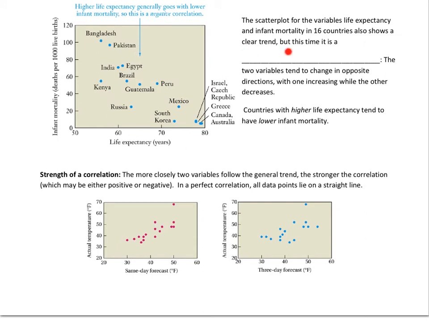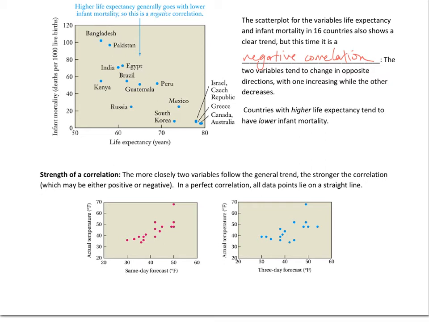It shows a clear trend, but this time it is what we would say a negative correlation. The two variables tend to change in opposite directions. When one increases, the other decreases.